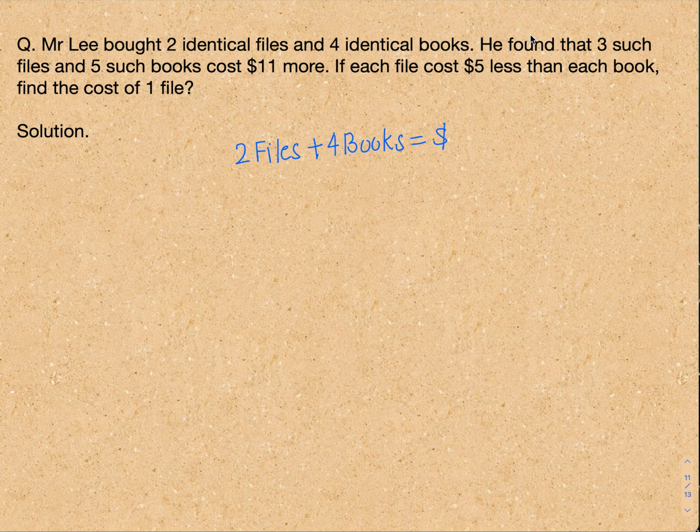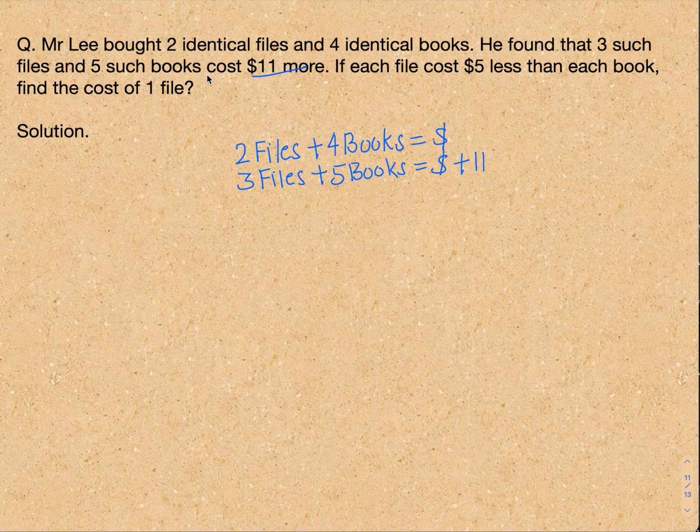Then later he found that if he would have bought, in place of 2 files, 3 files, and in place of 4 books, 5 books, he would have to pay $11 more. That means whatever he paid for 2 files and 4 books, for 3 files and 5 books he would have to pay this amount plus another $11.